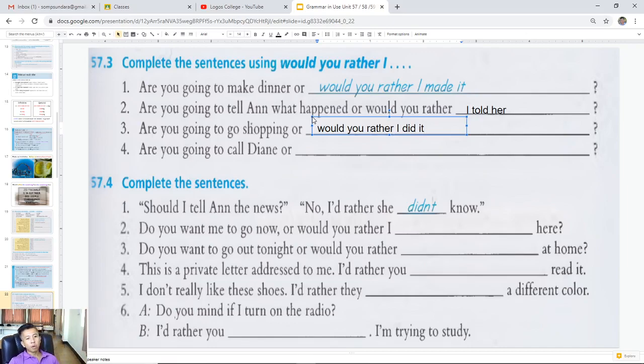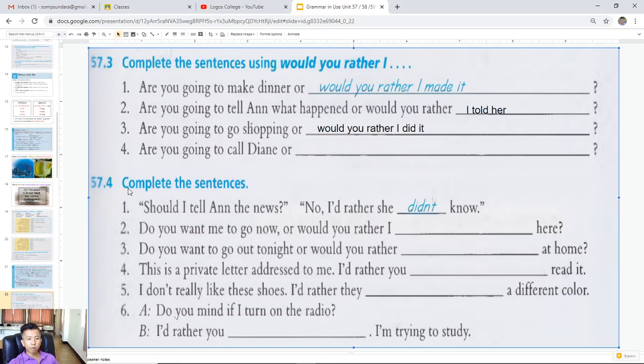Or you could say, are you going to go shopping? Or would you rather I did the shopping? Okay. I would just stick with, or would you rather I did it? I'll let you finish number 4.